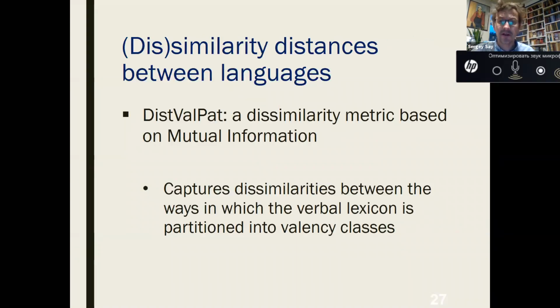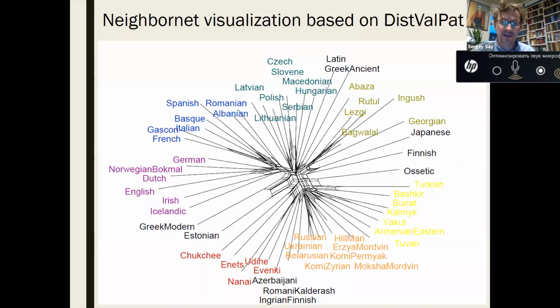And we also can explore distances between languages in terms of their valency class systems. So, for example, this is a visualization that is based on a distance metric, which somehow evaluates the degree of similarity between valency class systems in pairs of languages.